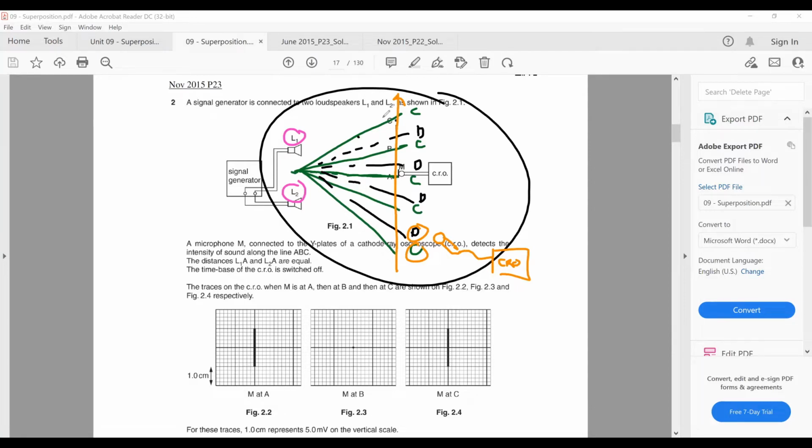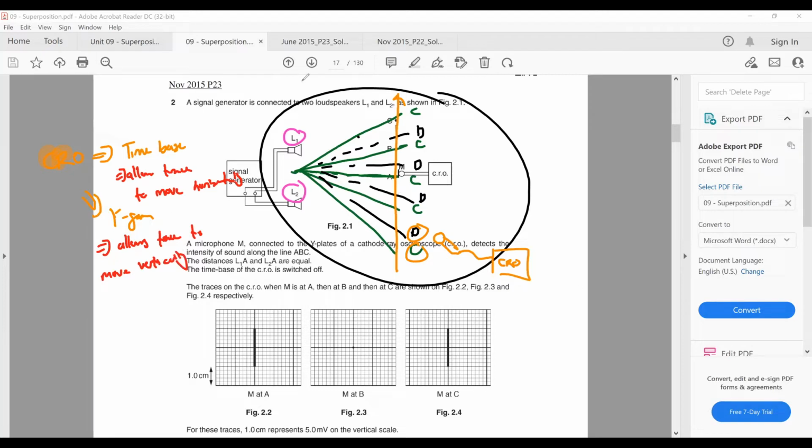Okay, so right now your CRO, remember I told you CRO has two settings. You have your time base and you have your Y gain. Now, time base allows the trace to move horizontally. Y gain allows your trace to move vertically.